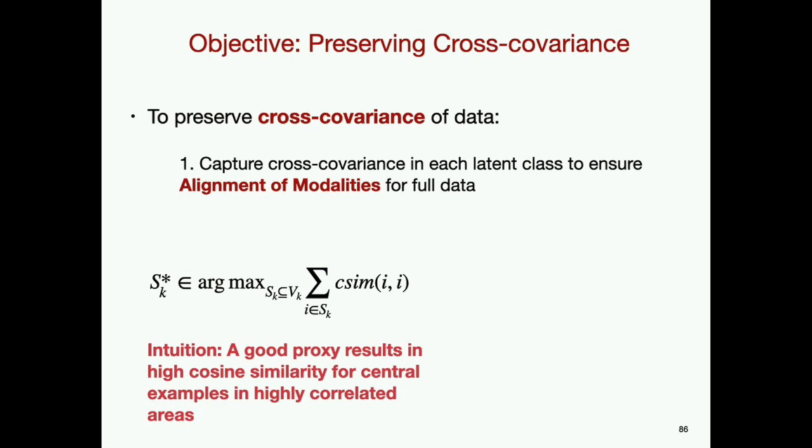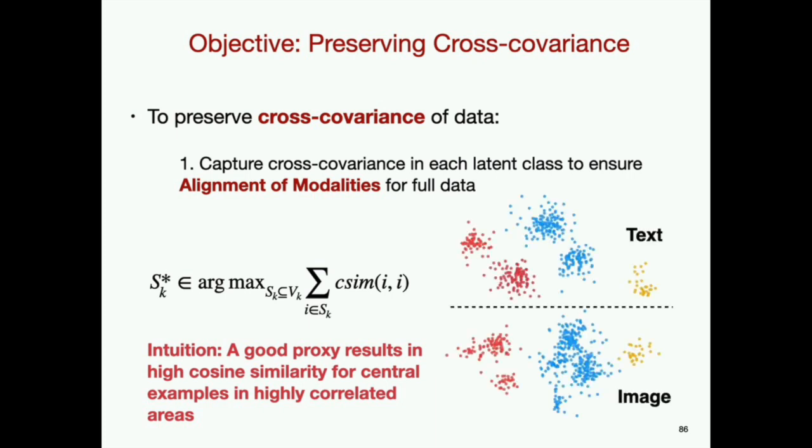By picking the examples that are highest in this value, we're going to be picking the examples that are in the most correlated areas. You can think of these as the most central examples in different subgroups within a latent class. So visually, that looks like this. And this particular part of our objective is also known as the CLIP score. This is a baseline we use later in our experiments.